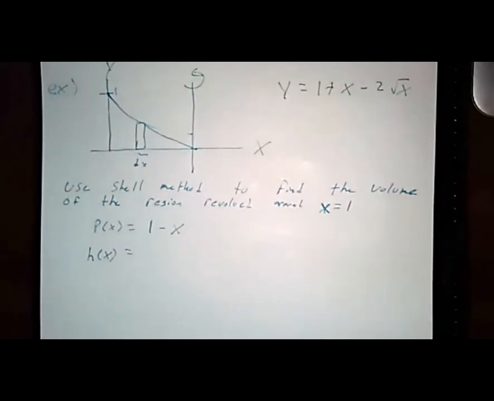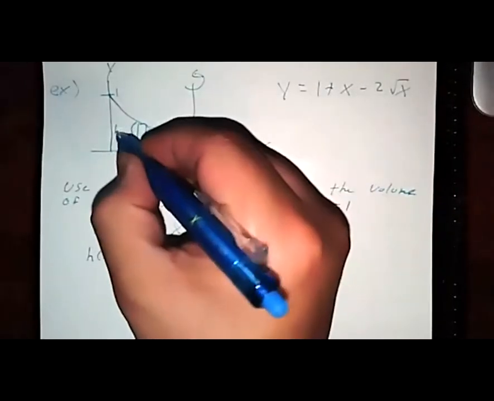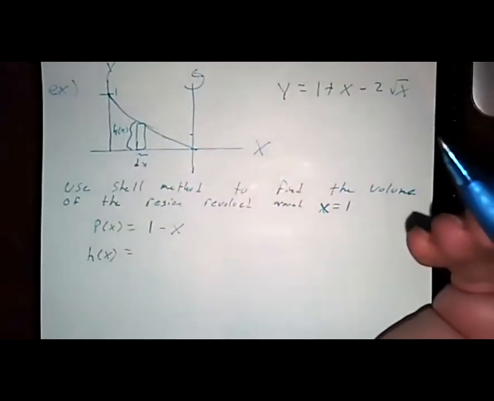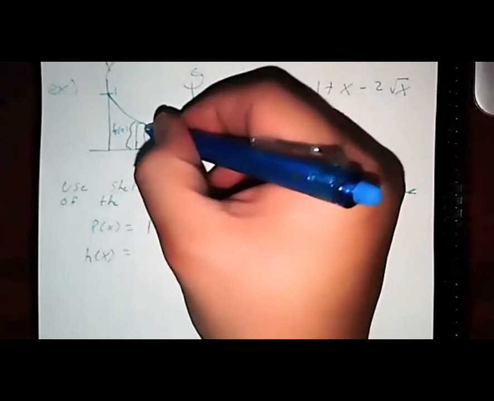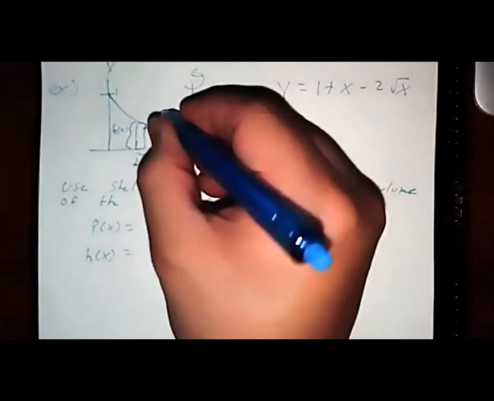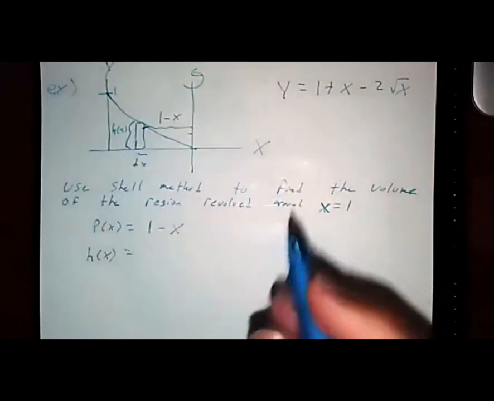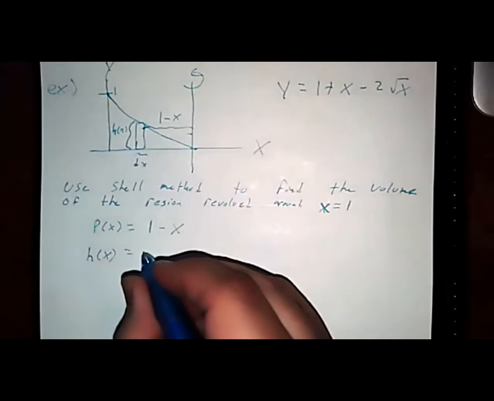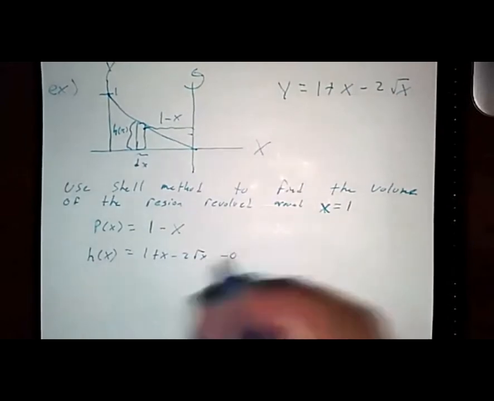All right, so then h will be the height, right? Then the distance from the axis to the region is 1 minus x. Height is the top minus the bottom, which is this function, 1 plus x minus 2 root x minus 0.